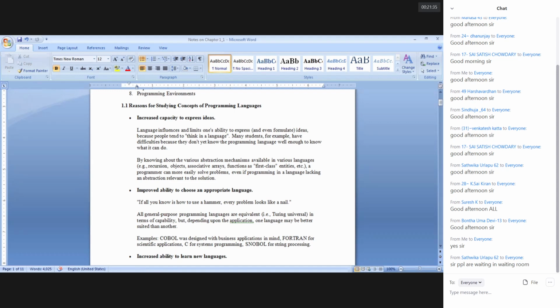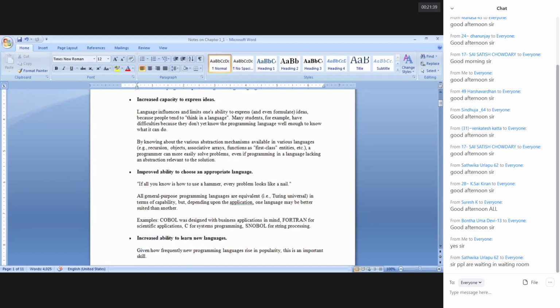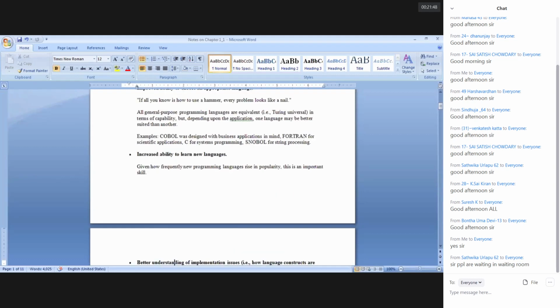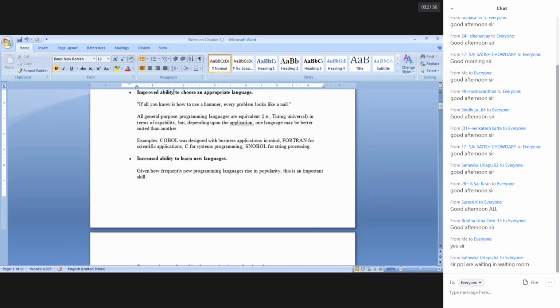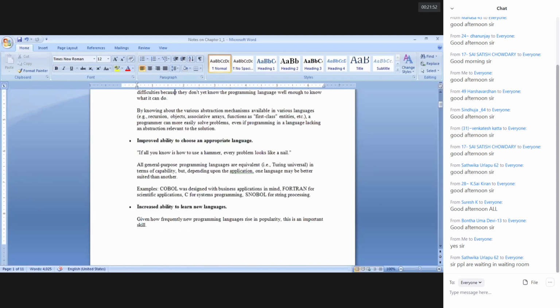So you should use C, like that. If you know the features, then only will you be able to pick the right choice of programming language for developing the application. So, increased ability to learn new languages.